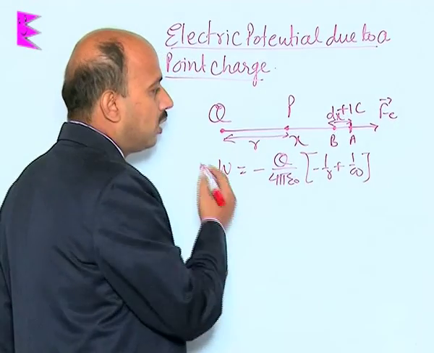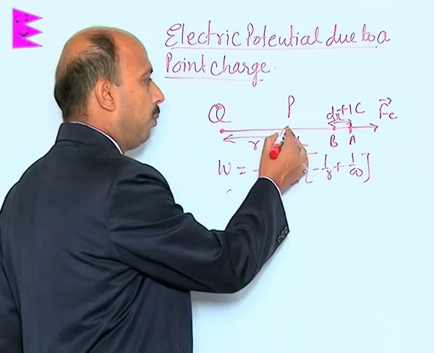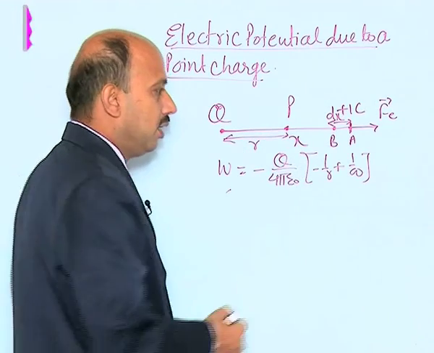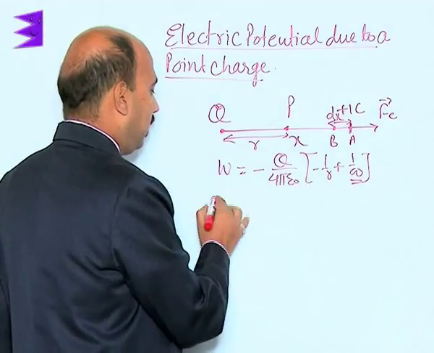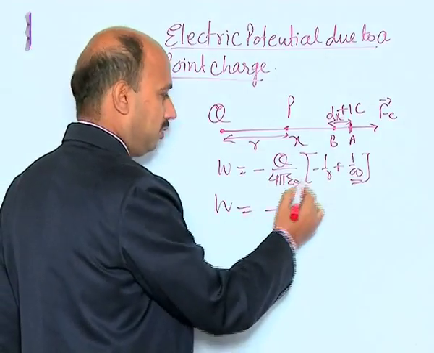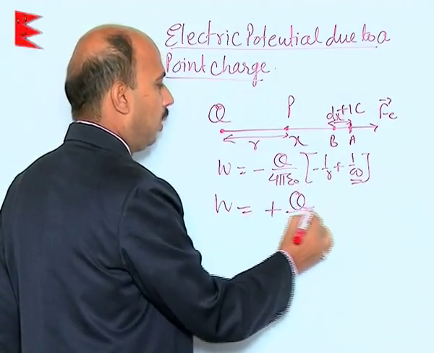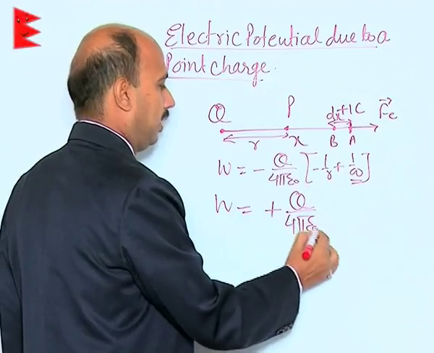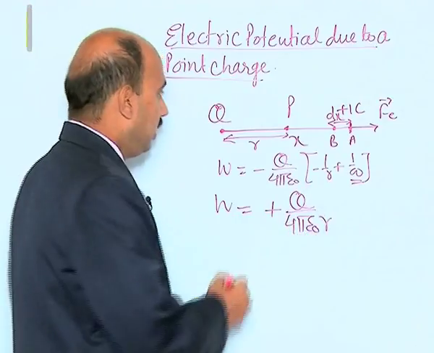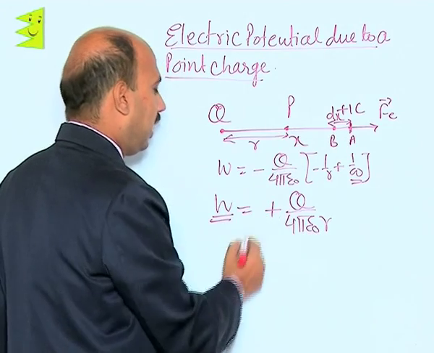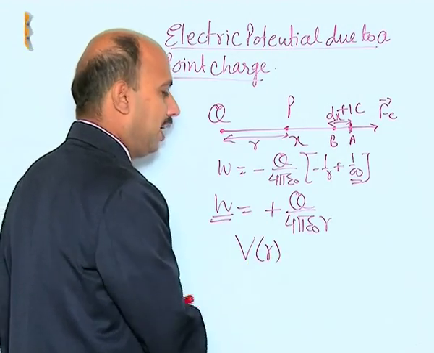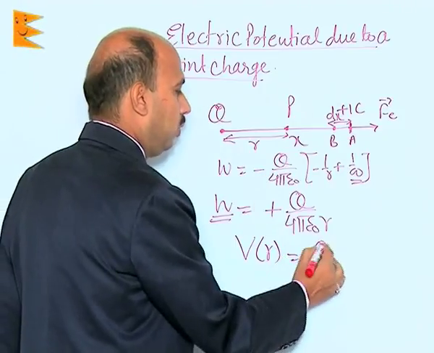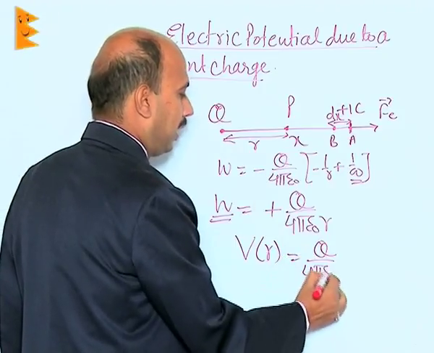This is the work done in bringing the charge from infinity to the point P at a distance r. 1 upon infinity is 0 here. So, W is equal to minus, that means plus Q upon 4 pi epsilon naught r. This is the potential at point P, that is V. So, V at a distance r is equal to Q upon 4 pi epsilon naught r.